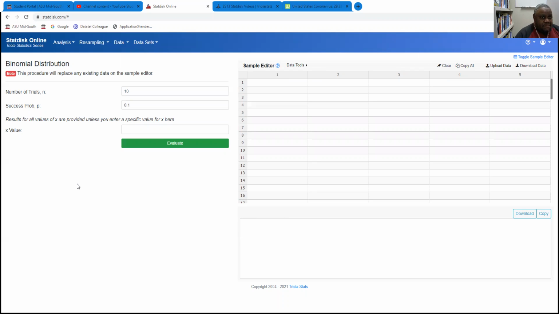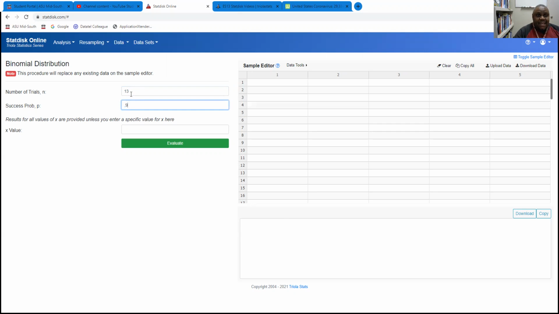All right, now the number of trials. In this case, you're dealing with a sample of 13 randomly selected consumers, so we type in the number 13 for the number of trials. Success probability: it says a 90% recognition rate. And it's a binomial because they either recognize the brand name of cookies or they don't, and 90% of them do.